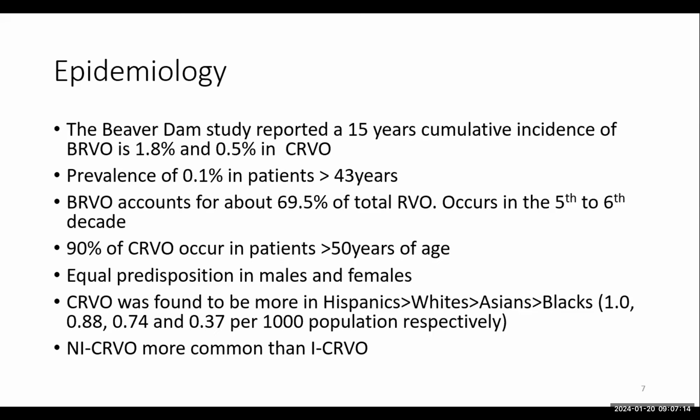It has a prevalence of 0.1% in patients usually greater than 43 years. Branch retinal vein occlusion accounts for about 69.5% of total retinal vein occlusion. It occurs in the 5th to 6th decade of life, and 90% of central retinal vein occlusion occurs in patients greater than 50 years of age.